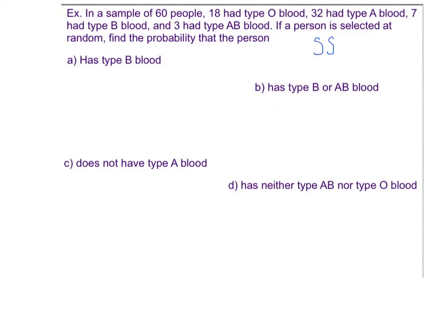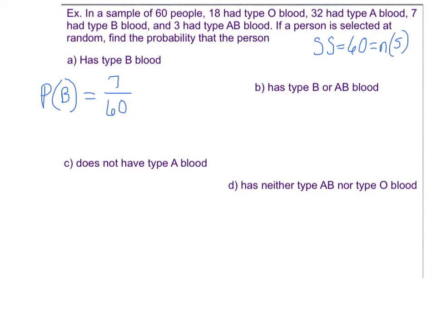So the sample space is going to be 60, right? And the other notation for that is N of S, the number in the sample space. All right, type B blood, there are 7 of the 60 people who have type B blood, so the probability that someone has type B blood would be 7 out of 60, and that does not reduce.